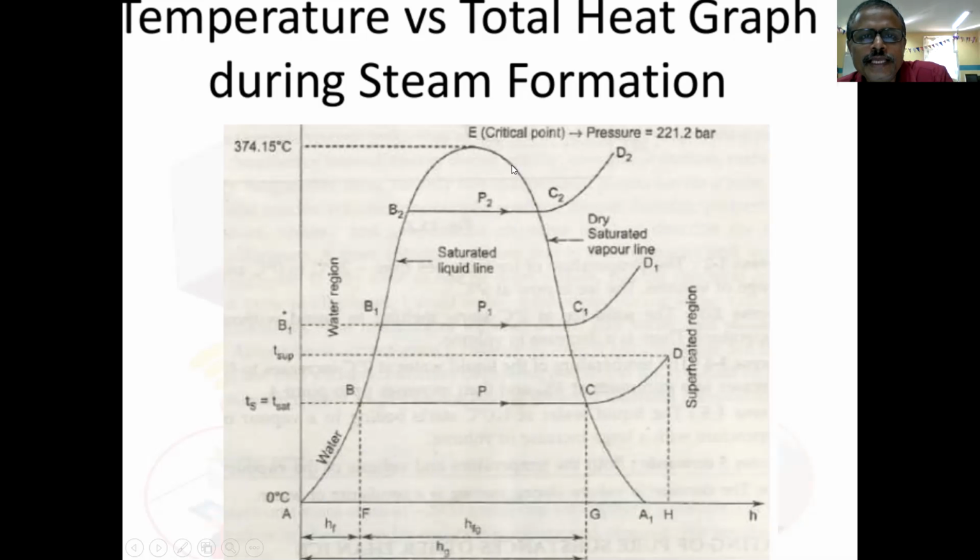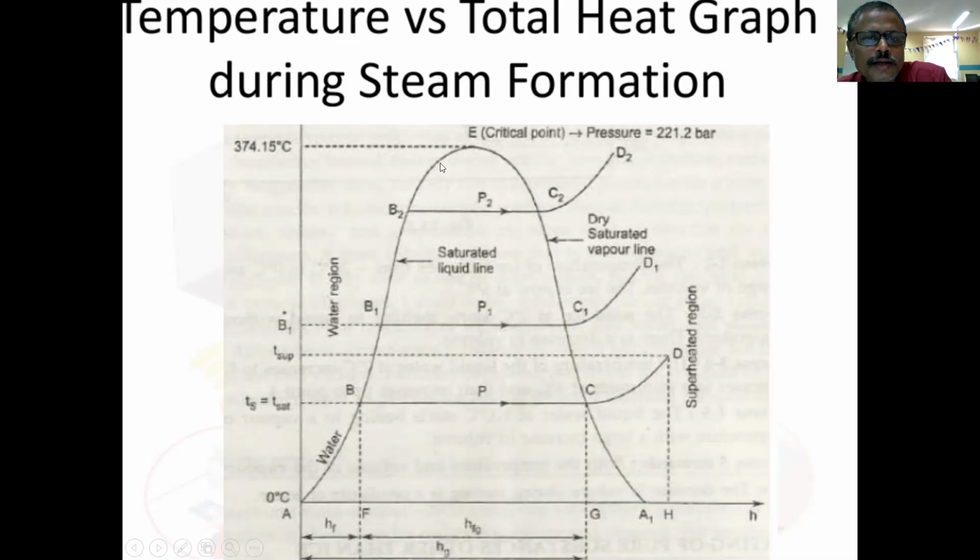And to the right, the zone from E, C2, C1, C and A1, to its right you have the superheated steam region. So to the right of this curve, you can see the superheated steam region. What does this line stand for? It is the dry saturated vapor line. At all these points on the dry saturated vapor line, you have dry steam.